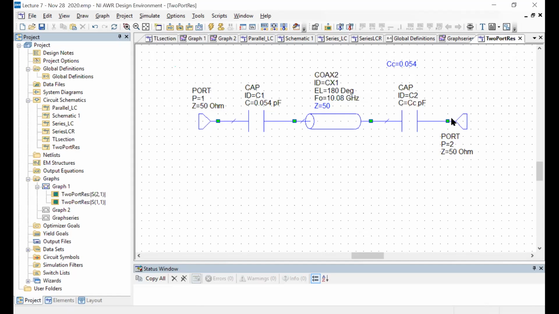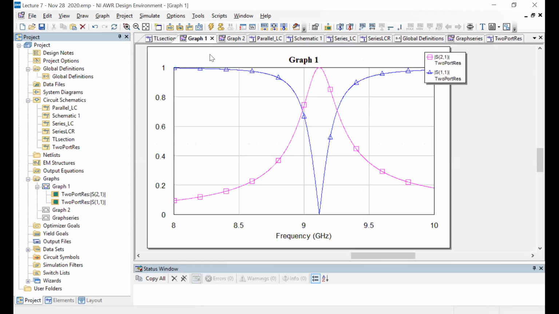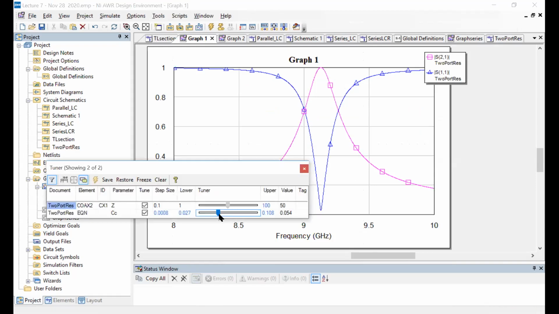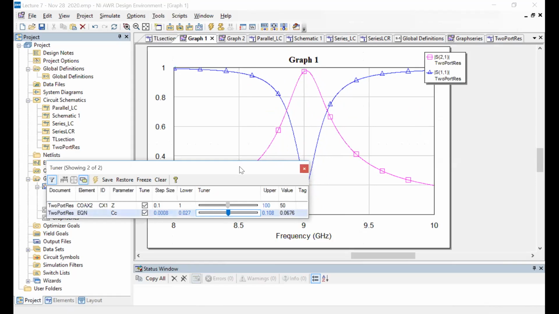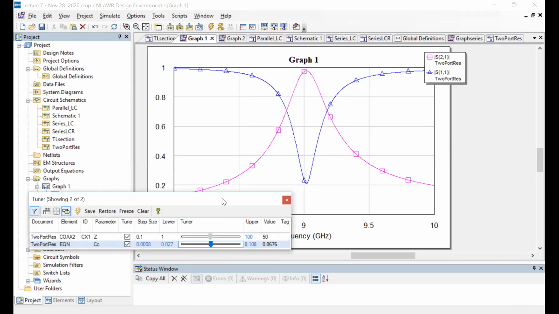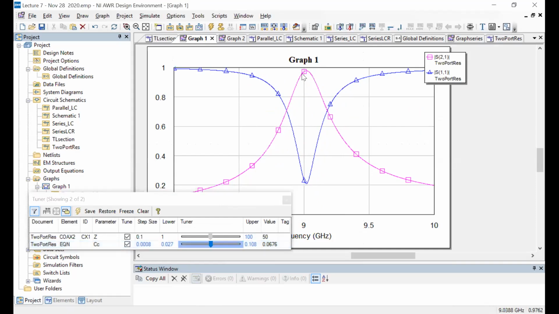If you had a perfectly transmitting system, then your signal is predominantly coming out of port 2, because at resonance it's transmitting completely, and you don't have to worry about the signal which is getting reflected. Because in general, if you don't have a symmetric case, then any changes are going to be reflected both here and here. So you will have to monitor both of them if you want the full information.